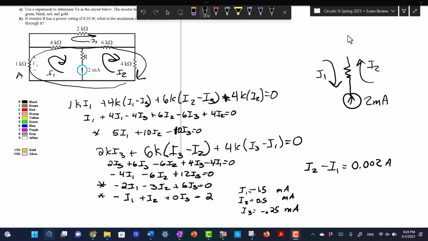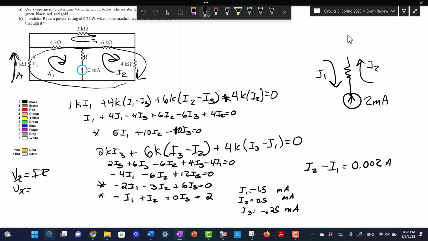It said to determine Vx. So Vx, what is Vx? Vx is the voltage across this 1 kilo ohm resistor. So if I take the current going from the minus side to the plus side, then that's my Vx that I want there. So Vx equals IR, and I1 was the current going in that direction.